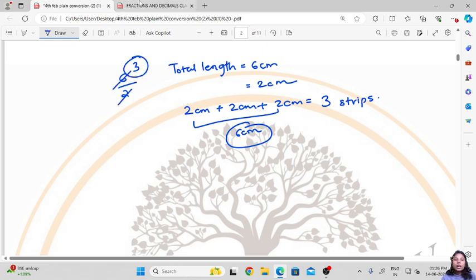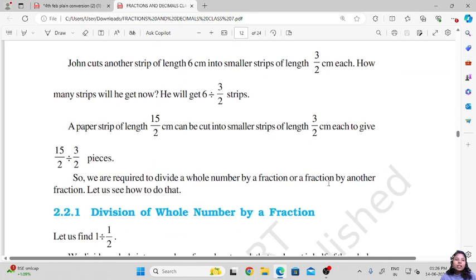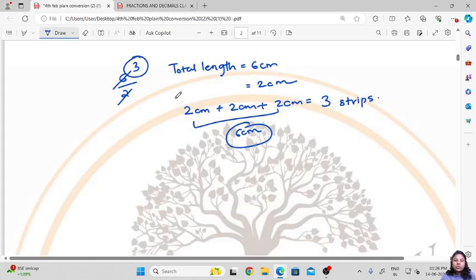Now let's move ahead. Say John cuts another strip of length 6 cm into smaller strips of length 3 by 2 cm each. How many strips will he get now? He will get 6 divided by 3 by 2 strips. The total length is still 6 cm, but now he decides to cut strips of 3 by 2 cm.